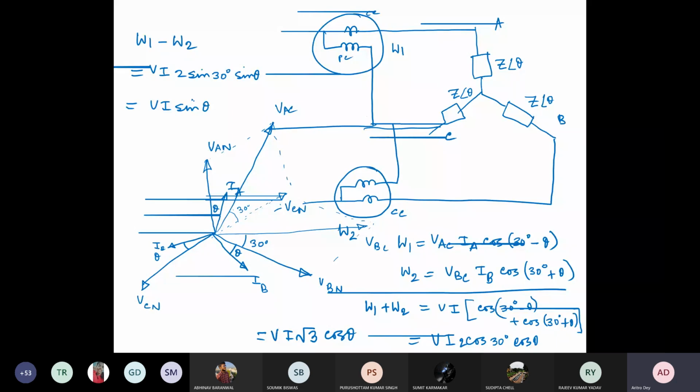Now if you multiply this with root 3, root 3 into W1 minus W2 will give you your reactive power. So using 2 wattmeter method, you can find out your active power. W1 plus W2 is your active power. W1 minus W2 is your reactive power. Sorry, root 3 into that.